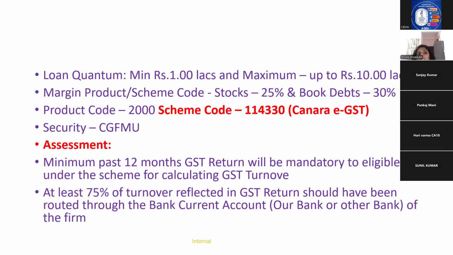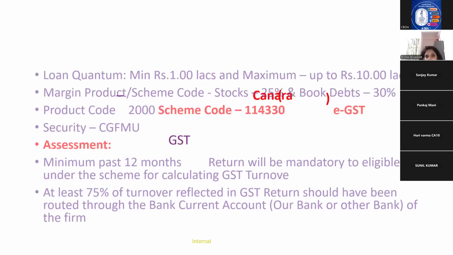Loan quantum: minimum 1 lakh, maximum 10 lakhs. Margin for stocks 25%, book debts 30%. At least 75% of the turnover should have been routed through our bank current account.